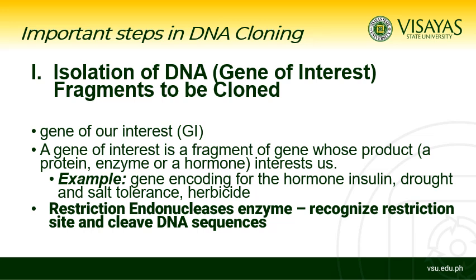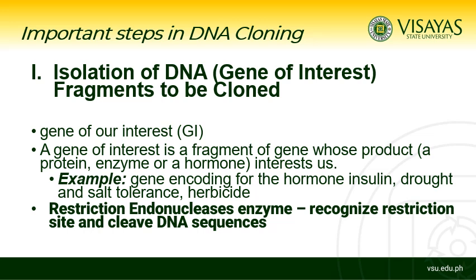Before we carry out the operation of gene cloning, we need basic things in their purified state. First is the gene of interest. So the gene of interest is a fragment of a gene whose product actually interests us. Might be an enzyme, a protein, or a hormone.